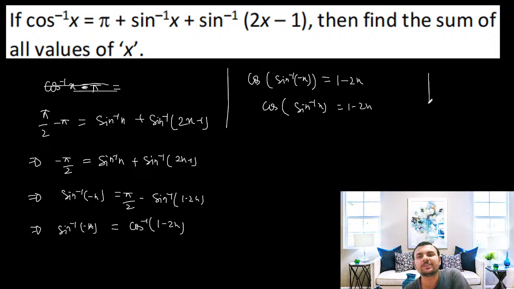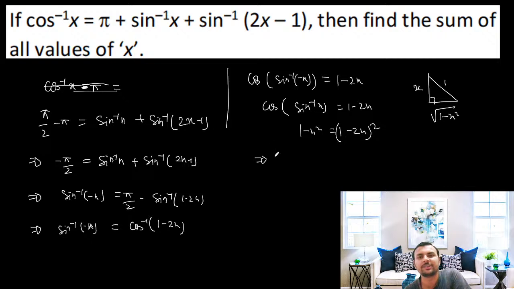Now sine inverse, if you see in a triangle, this is base, hypotenuse. This is nothing but 1 minus x squared. So cos sine inverse will convert into root under 1 minus x squared, which is 1 minus x squared equal to 1 minus 2x whole square.